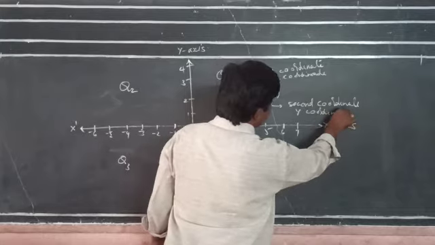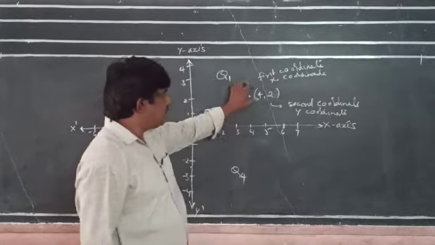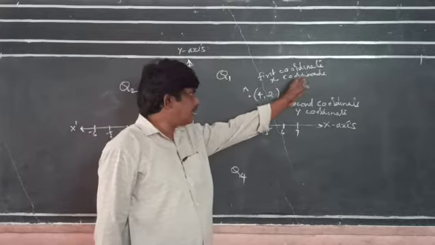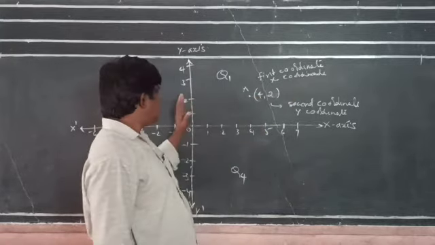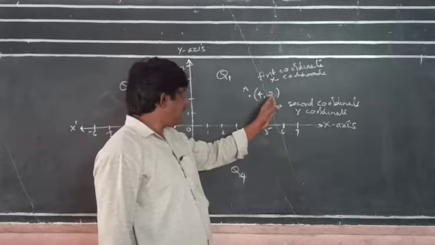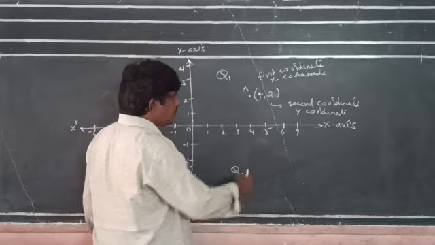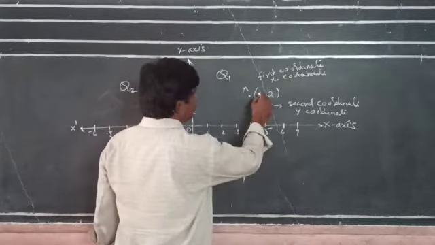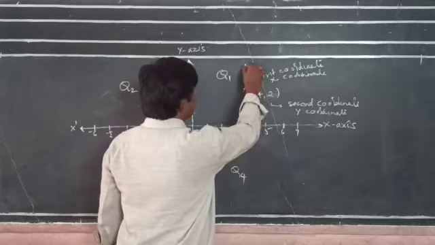That means in the ordered pair, the first one is the distance from the y-axis, and the y coordinate is the distance from the x-axis.